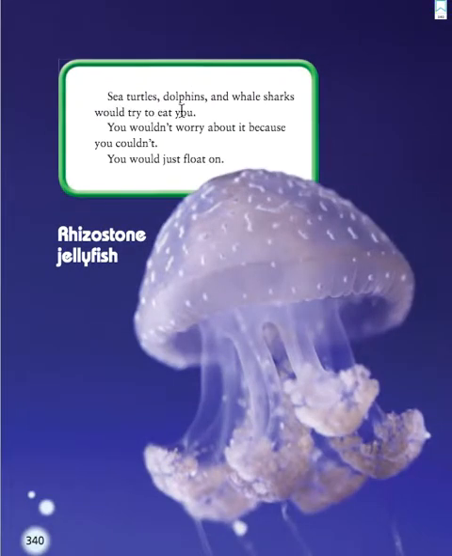Sea turtles, dolphins, and whale sharks would try to eat you. You wouldn't worry about it because you couldn't. You would just float on. This is a rhizostone jellyfish. It has purple spots.